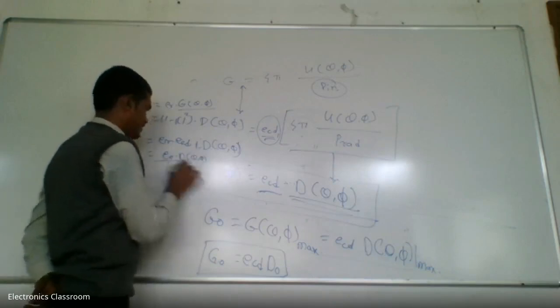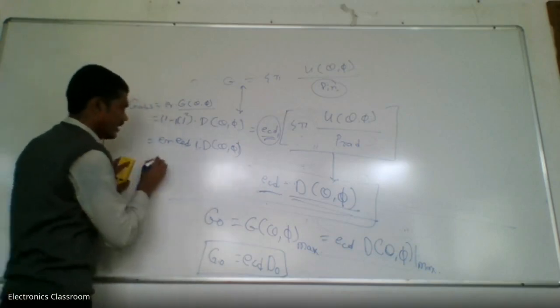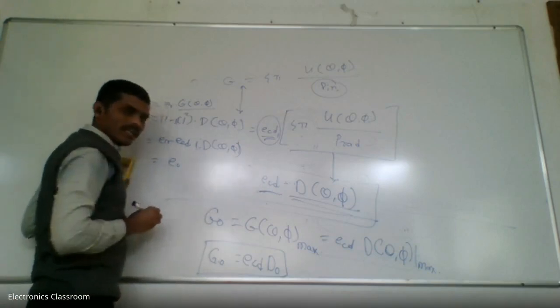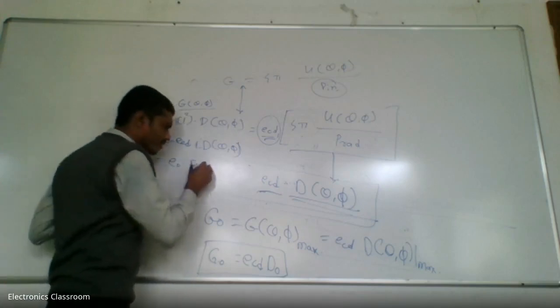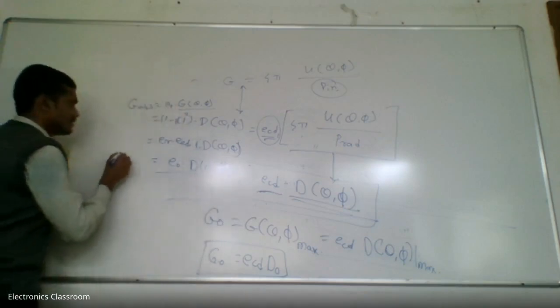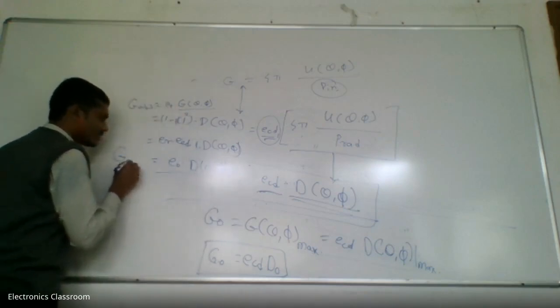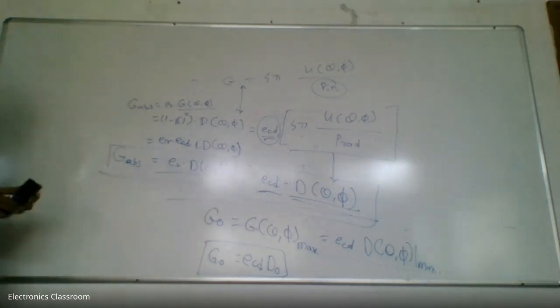and your final equation will be antenna efficiency into directivity of the antenna in a given direction, and it is known as your absolute gain equation.